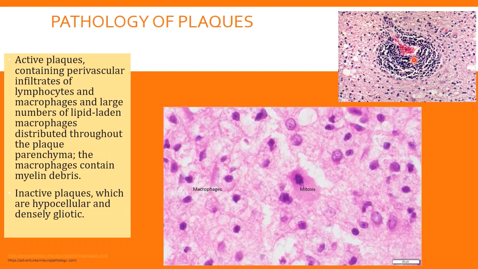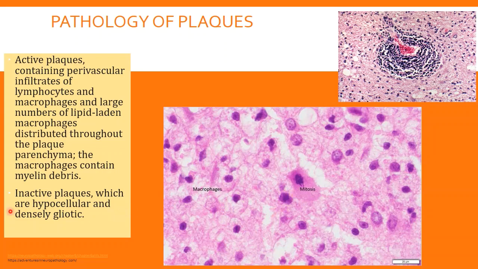What do you see in the image down here? We see lots of macrophages, and all of these macrophages are lipid laden. These lipid laden or myelin laden macrophages are very characteristic of an active plaque.